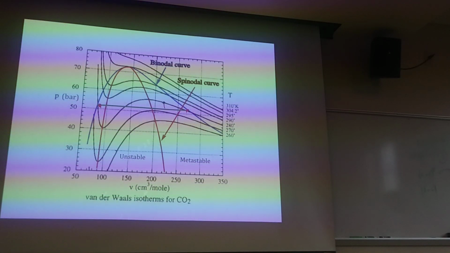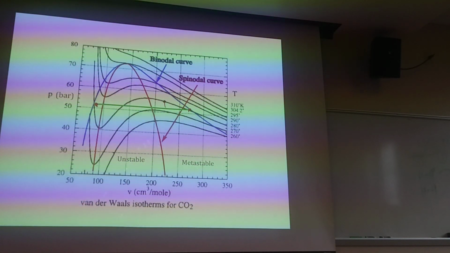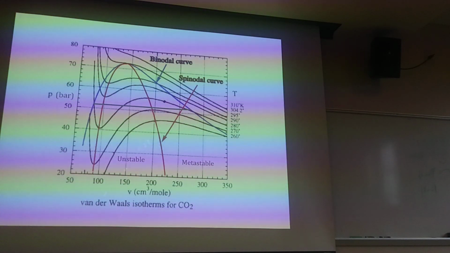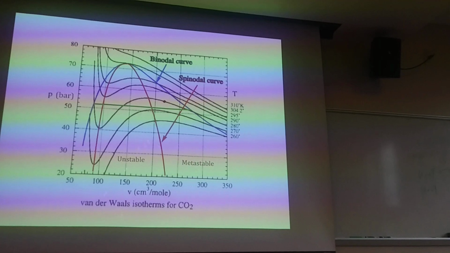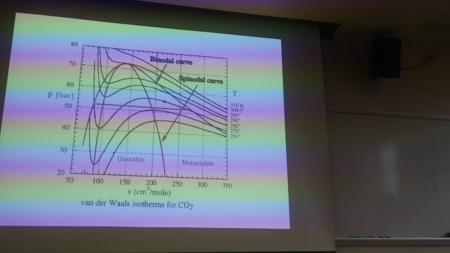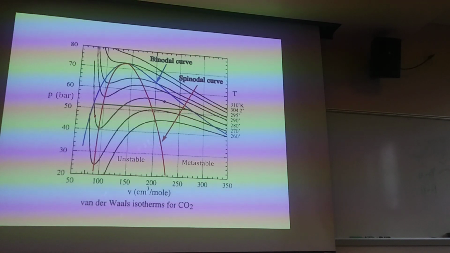Same thing if I have a metastable region over here. Let me clean that off. I've got a point here. That will be a metastable liquid. But if I'm careful and I don't bump it, then it's going to stay a liquid.